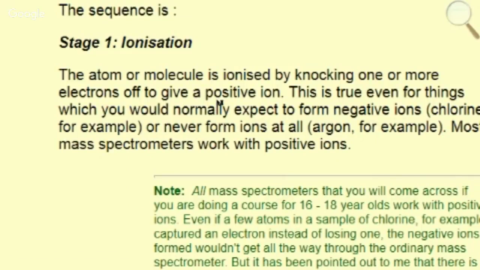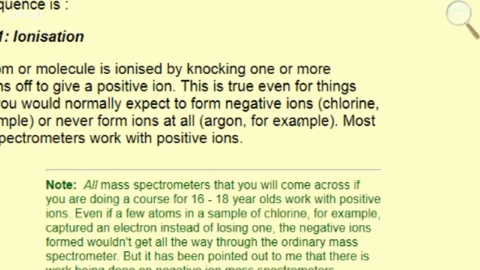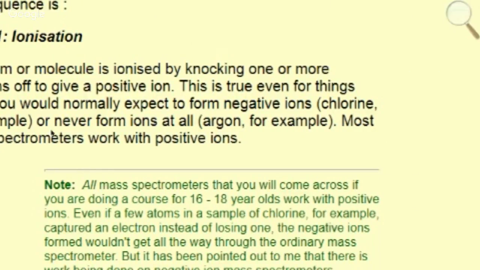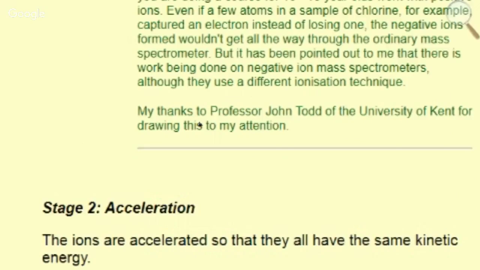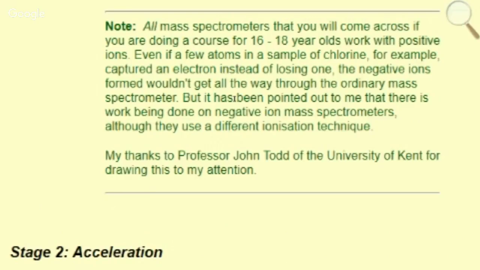The atom or molecule is ionized by knocking one or more electrons off to give a positive ion. This is true even for things which you would normally expect to form negative ions, chlorine, for example, or never form ions at all. Argon, for example, most mass spectrometers work with positive ions. So does that mean it's not foolproof?